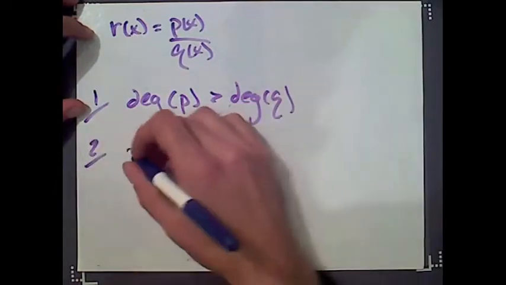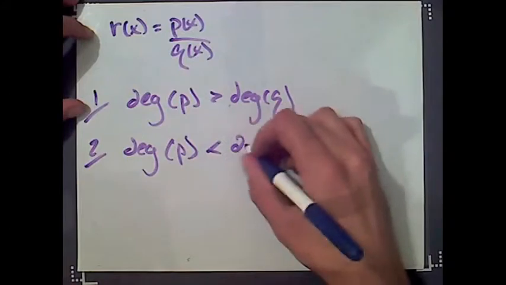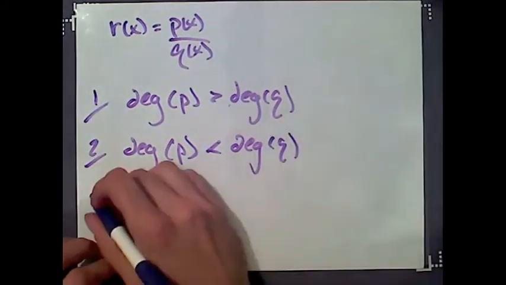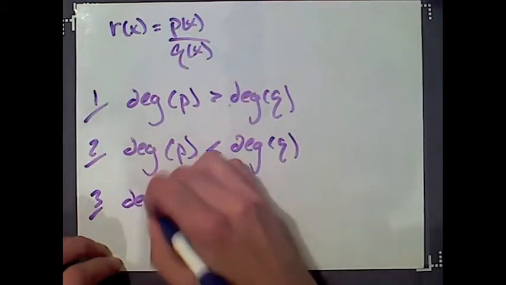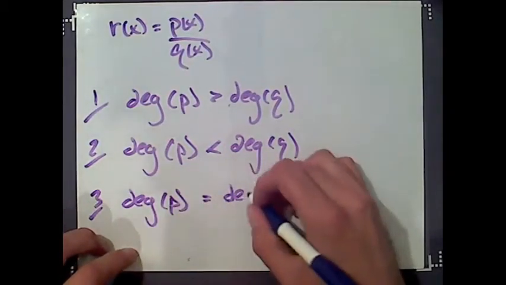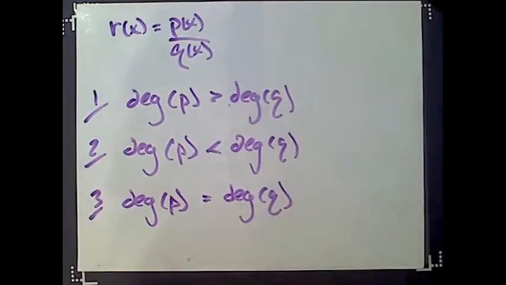The second is when the degree of p is less than the degree of q. And the third is when the degrees are equal. In each of these cases, we get a different type of answer.